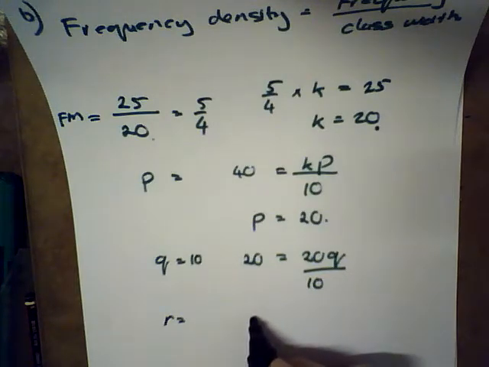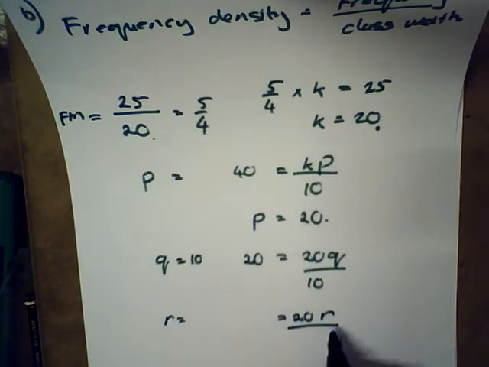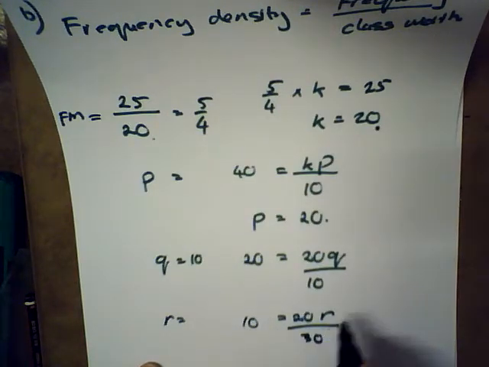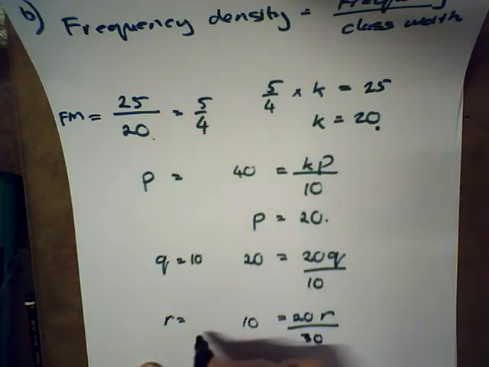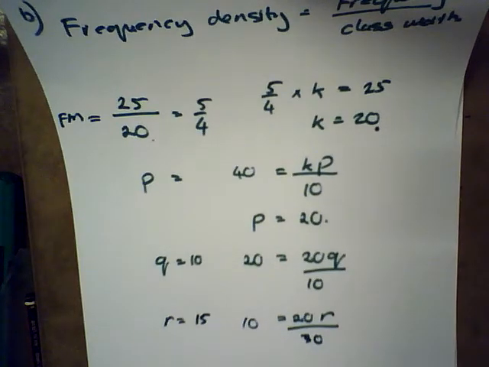It is r, but 20r over my class width. That is, look at that, 50. And we know that is a 10. And if I multiply that, r gets 15. And that would be the end of this question.